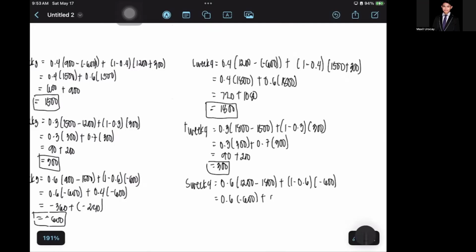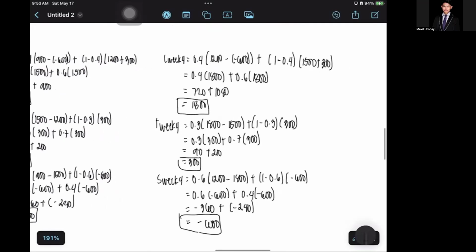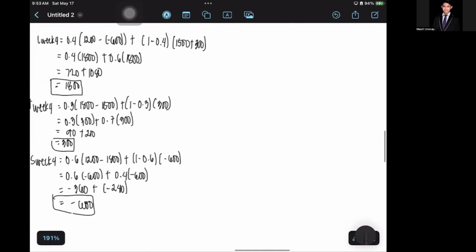And then 0.4 times negative 600. So what will happen right now? Negative 360 still, plus negative 240, and negative 600 in total, the same thing. So that is your current seasonality for the current week.